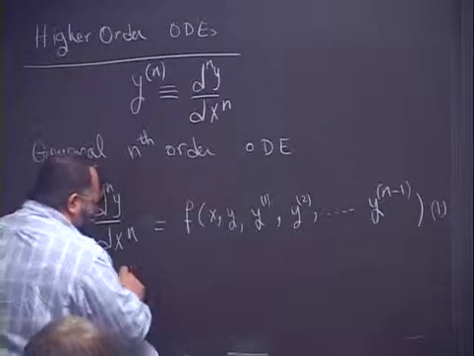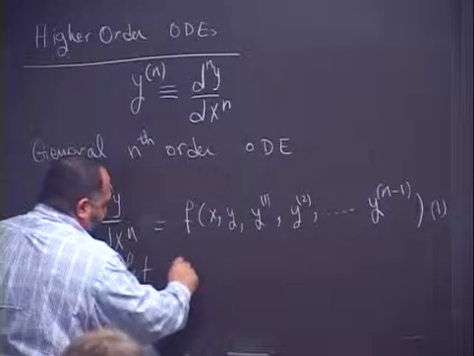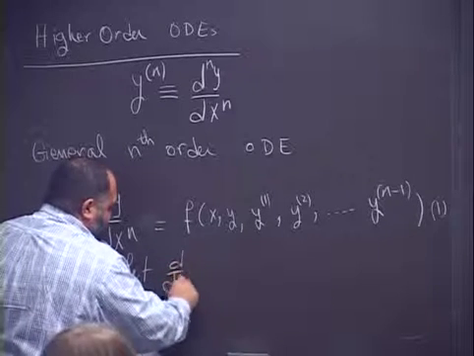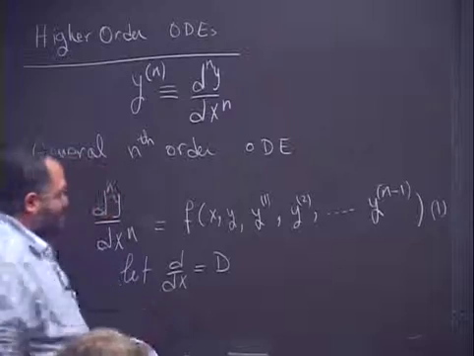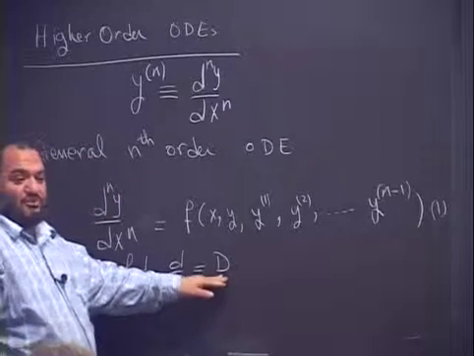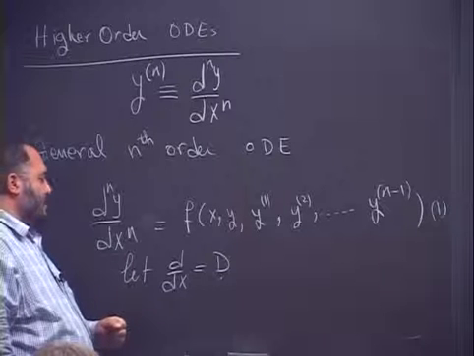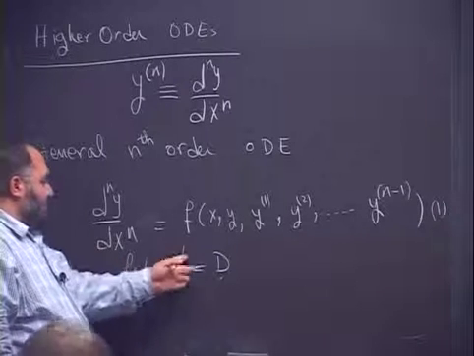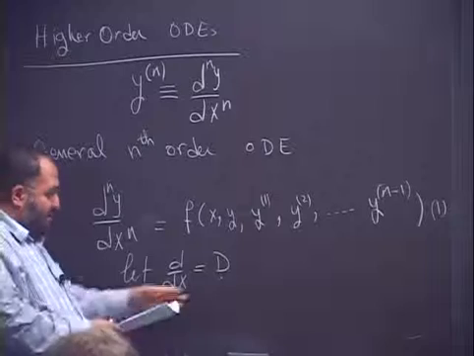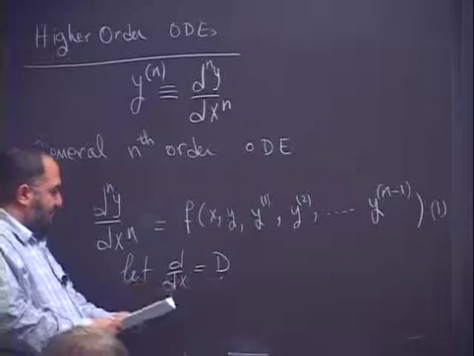So if we let the derivative d by dx be D, then D is just an operator. If you operate it over the dependent variable y, it gives you dy by dx. So this is just a differential operator.